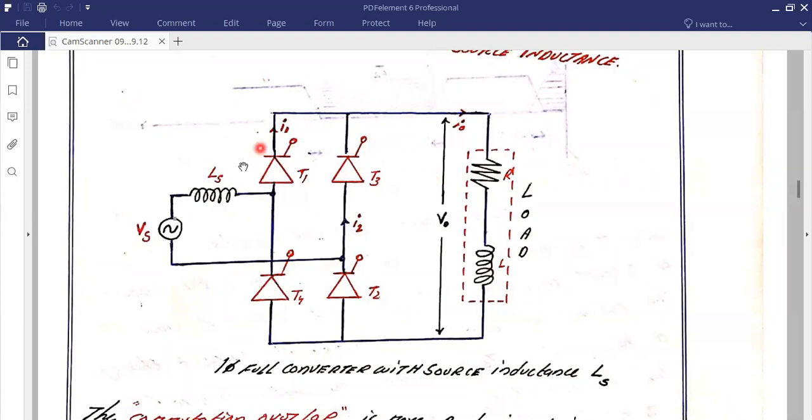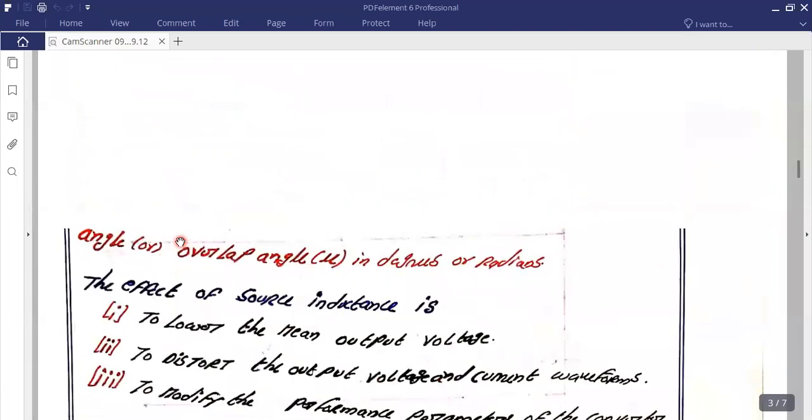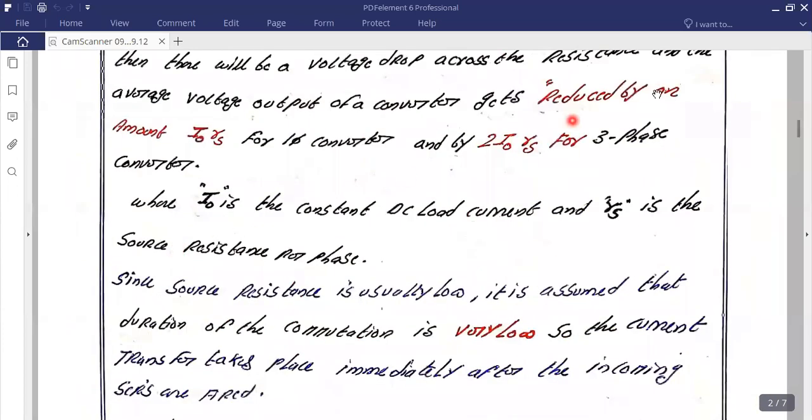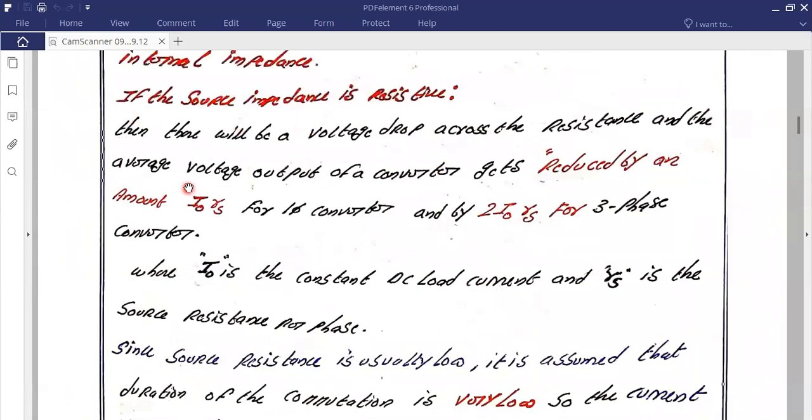But whenever the source impedance is considered, you are going to have two parameters: one is the source resistance and the other is the source inductance. The source resistance is not going to have much effect. Due to this source resistance RS, the amount of power reduced is going to be I naught into RS.